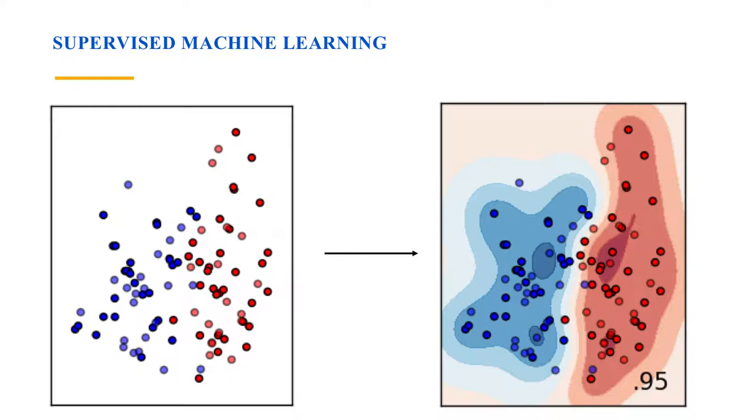So here on the left I've got some blue dots and some red dots, and I'd like the computer to generate some sort of rule mechanism as to how to classify dots as to whether they should be marked as blue or red. So roughly speaking, stuff on the left should be bluish, stuff on the right should be reddish, depending on how far left and how far up or down.